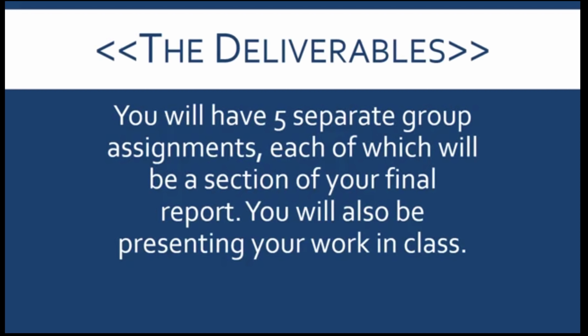This would be the kind of thing that if you were actually being hired and somebody put out a request for proposals, you would say, this is what we think we're going to do, and this is how we're going to do it. It's a little bit more detailed because there's also, for me, that goal of making sure you understand group work. So part of what you're going to be doing is creating a collaboration plan for your group.